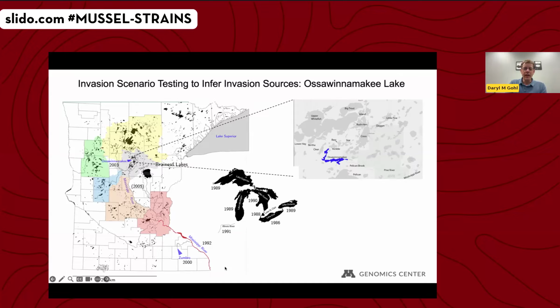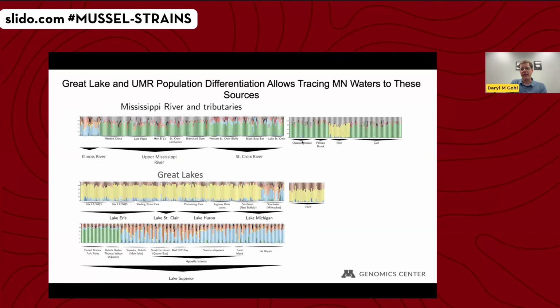And so looking at the data for Ossawinamakee, you can see that it's composed of this green cluster and this grayish cluster, which looks a lot like the Mississippi River and also a lot like the mussels from the Duluth Superior Harbor. So those were sort of the two most likely candidates, and you can see Ossawinamakee looks very different from Lake Michigan and the other Great Lakes.